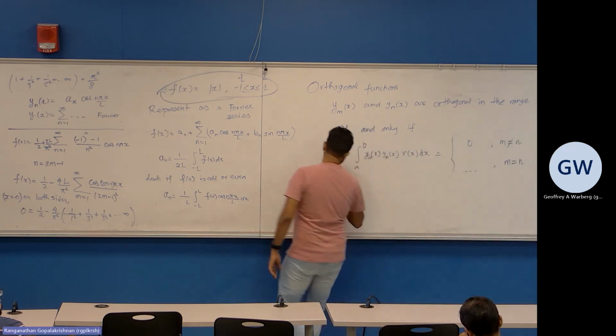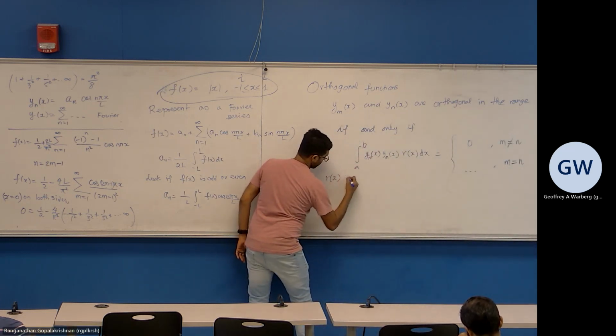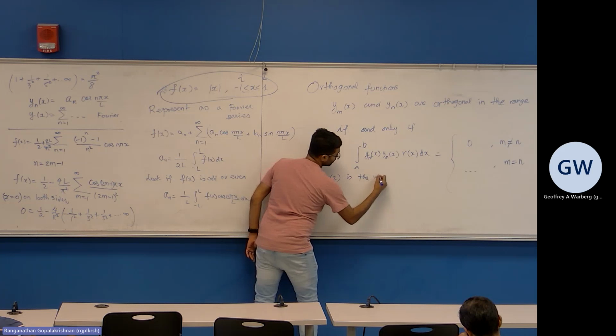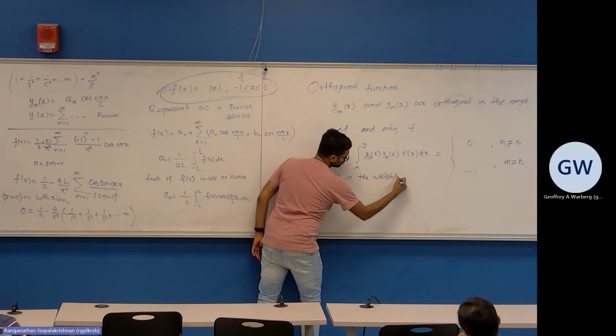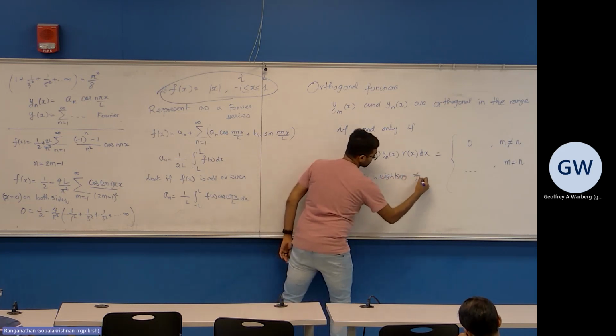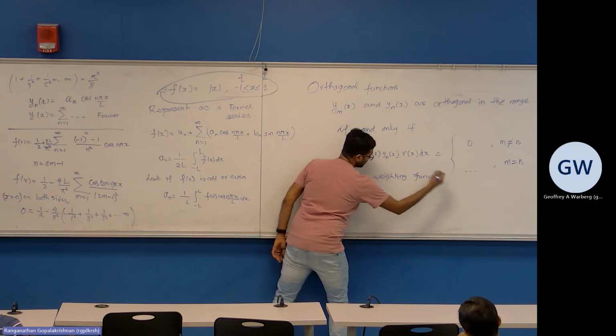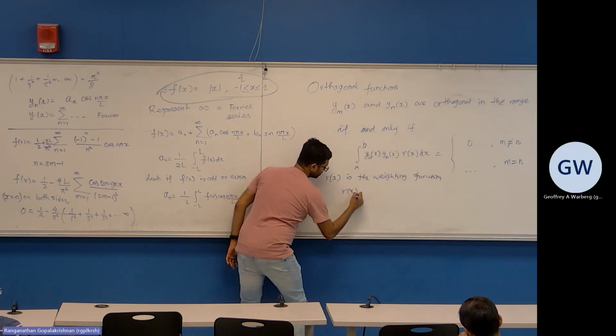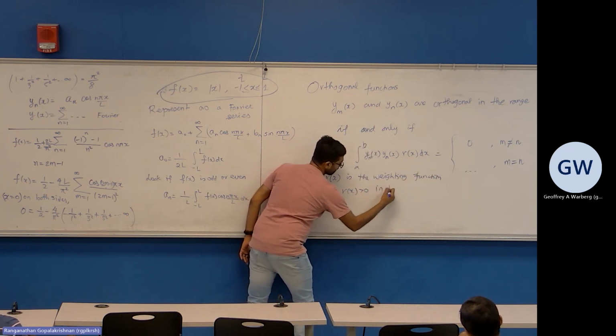R of x is the weighting function, usually a positive function. Not usually, r of x is a positive function in that interval.